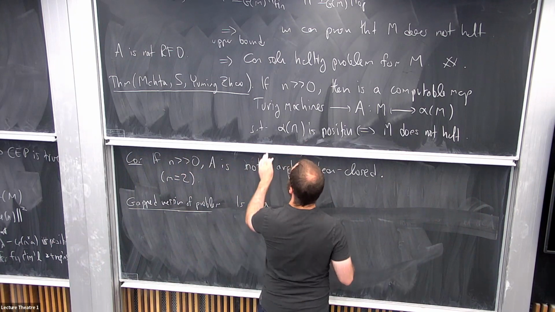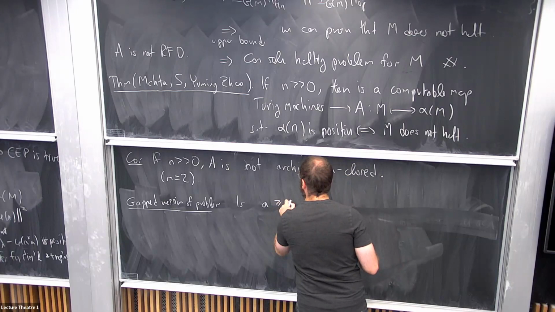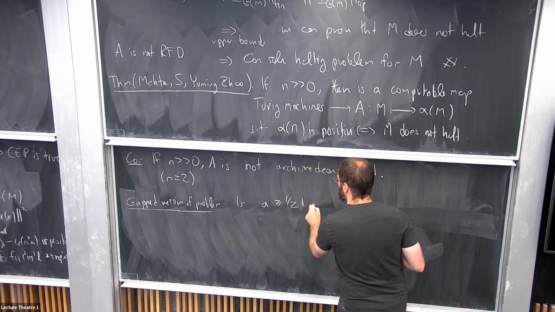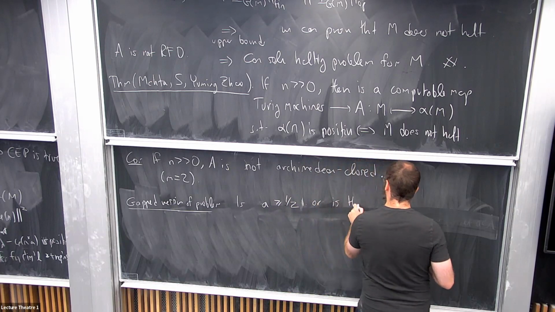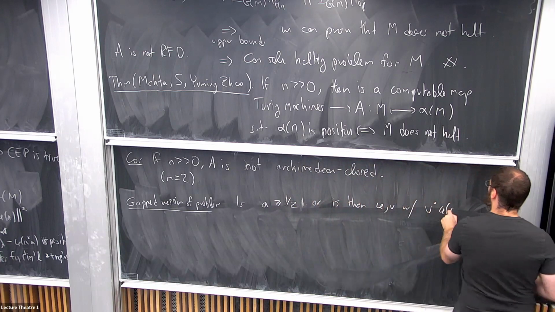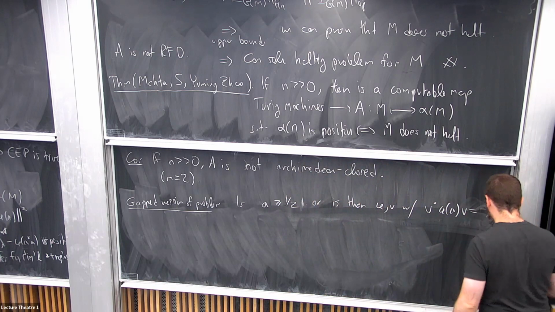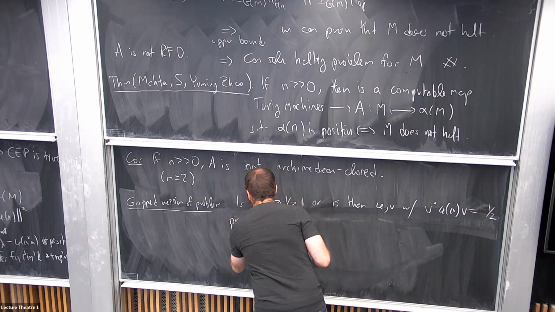Here our question is: is some element positive, so is A greater than or equal to, let's say, a half times identity? Or is there phi and v with v star phi A v equal to, let's say, minus a half? And this needs to be a promise problem, so we promise that one of the two is the case.